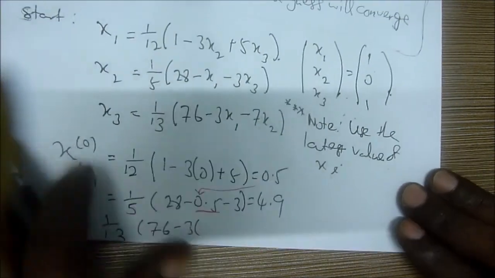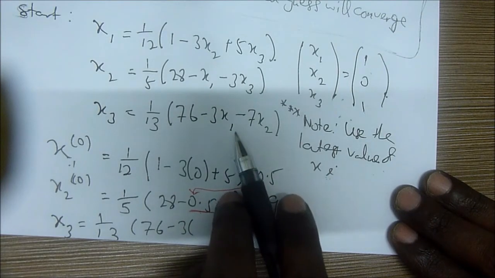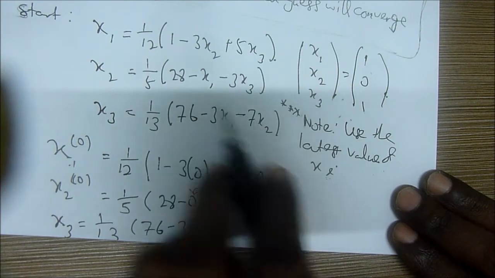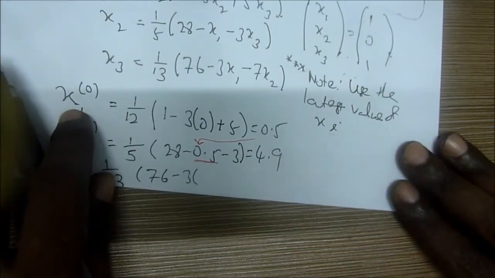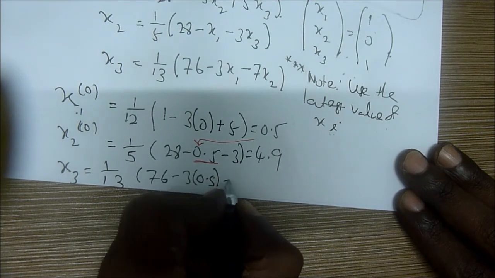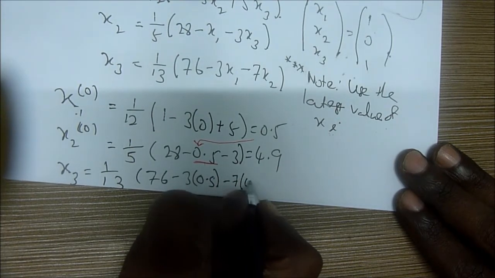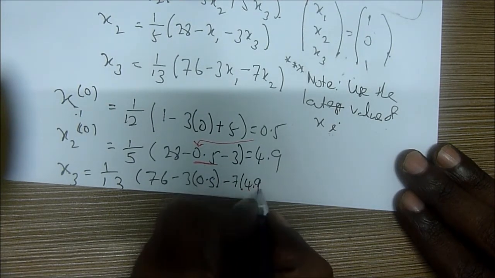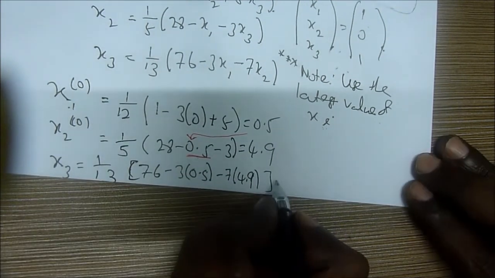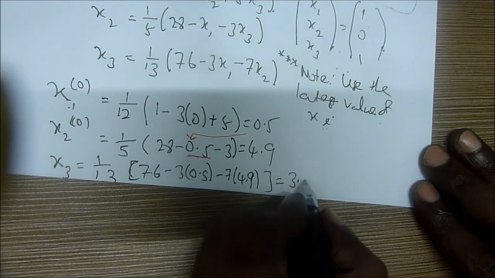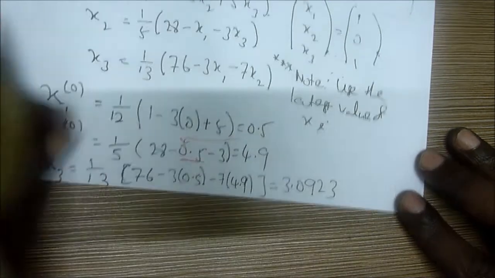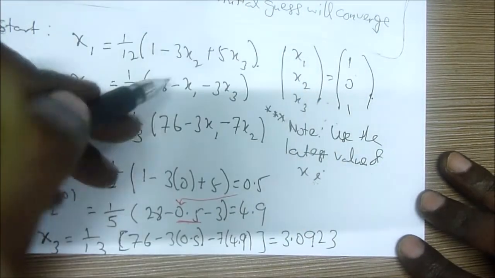Same here. For x1 you need to use the latest value, and for x2 you need to use the latest value. No other option for you. You cannot use 4.9. Many students never follow these rules. They think, I need to substitute 0, 1, 0, 1, then only I start.